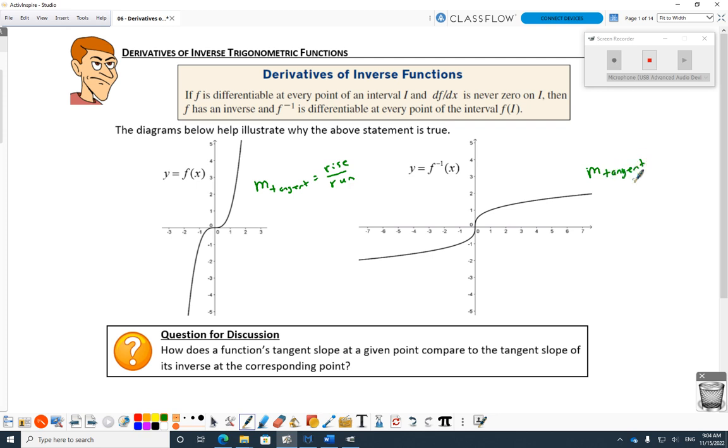Thank you. If you go to find the slope of the tangent of the inverse, all that's happened is the roles of x and y have reversed, and you're actually just finding run over rise. Well, you are finding rise over run, but where do you get it from? You're just reversing the roles of x and y.